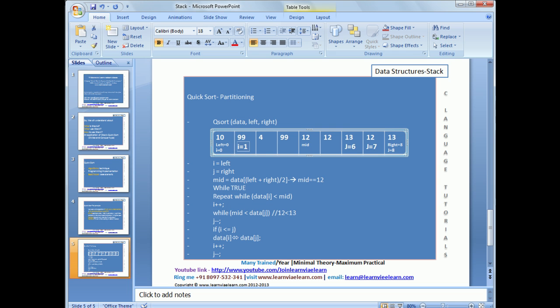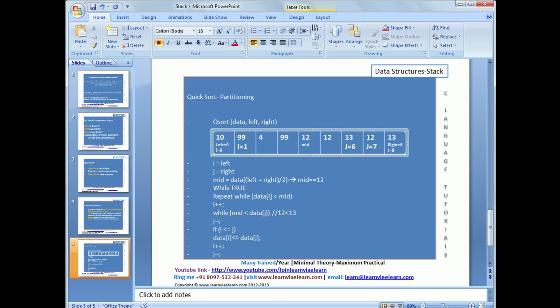Then we will check the mid value with the higher part on the right side of the array. So we will consider if mid is smaller than data at j. Here the value of j was earlier 13, so we will see if 12 is smaller than 13. Yes, 12 is smaller than 13, so we can decrement it, as you can see.